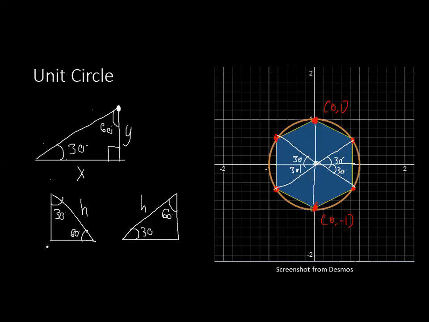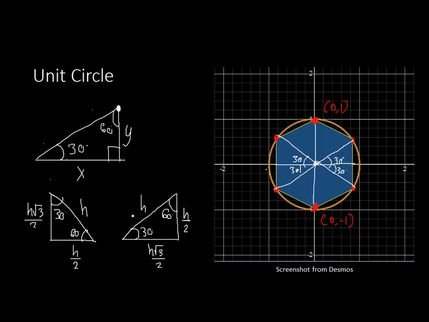Okay? So in here on the base, just divide the h by 2, remember last time, and the second longest side, which is the height, h square root of 3 all over 2. This one, on the other hand, will be different. On the base, we will have h square root of 3 all over 2, and on the height, we will have h all over 2.